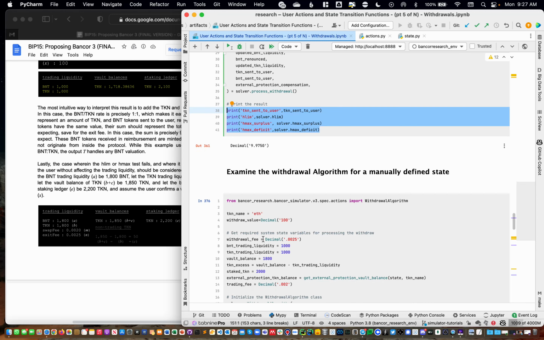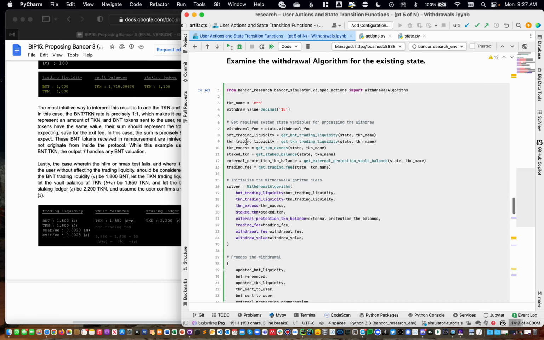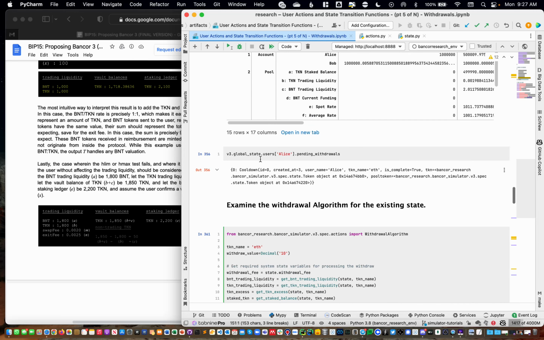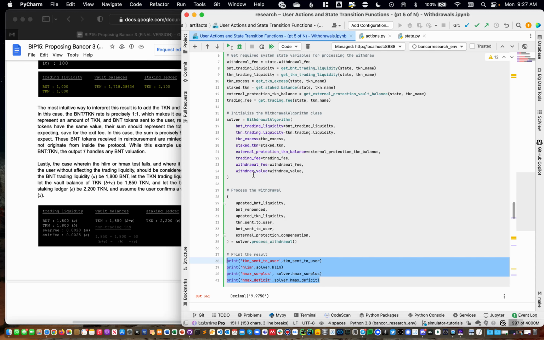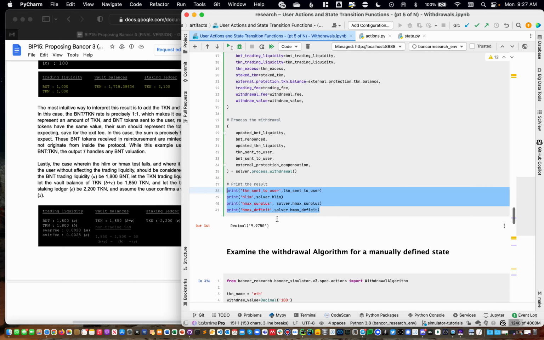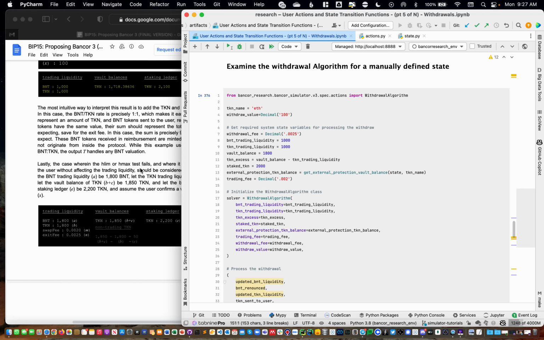Now that's good for anybody who wants to basically run through the higher level API or interface, so to speak, with the simulator, doing different scenarios, and then get a lower level look at what's happening behind the scenes. But for the purposes of following along with the BIP15 document, it's going to be more helpful to just manually override these values, right?